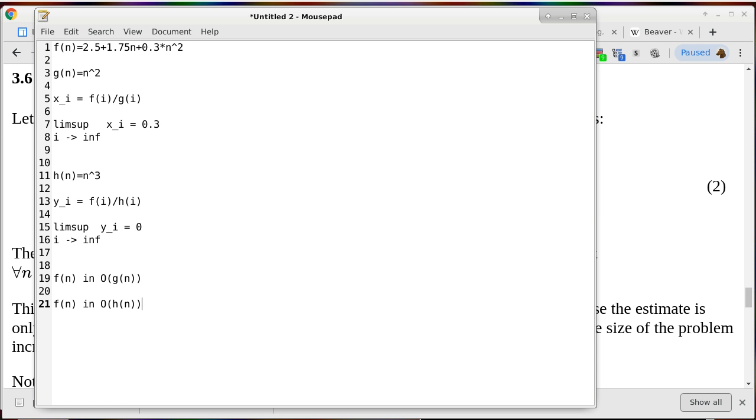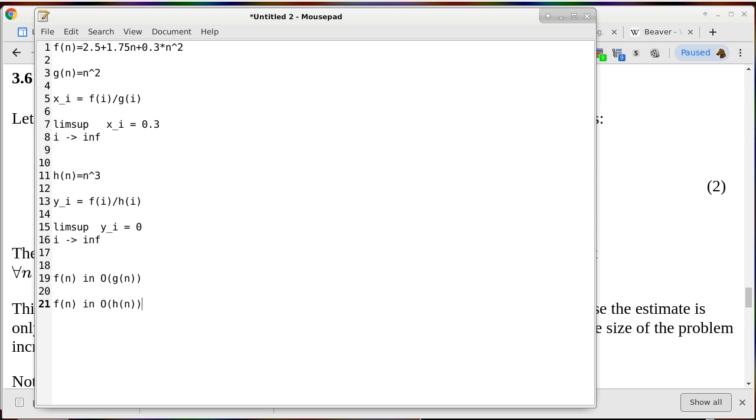So big O is a notation that gives you a set of functions, and you're basically asking about membership of that big O notation. If a function is a member of big O of another function, that means the function within the big O notation can serve as an overestimate or an upper bound of the function that you're estimating.